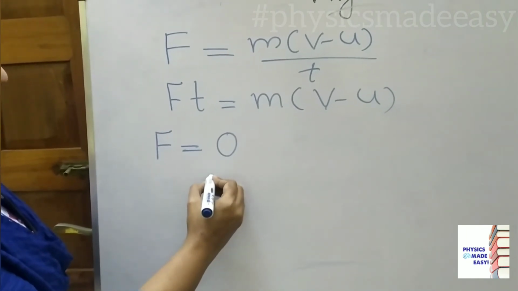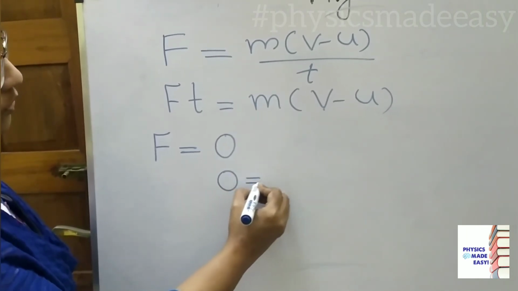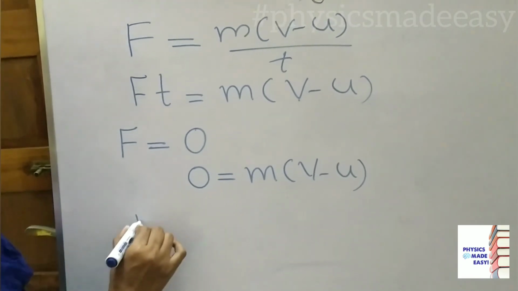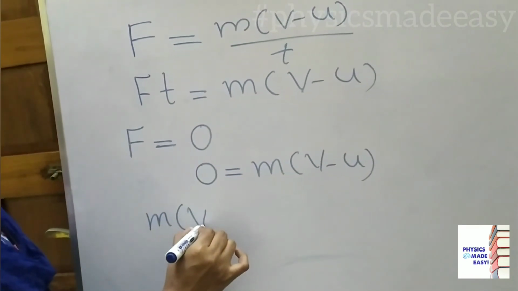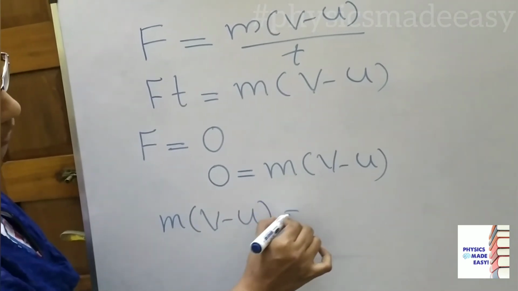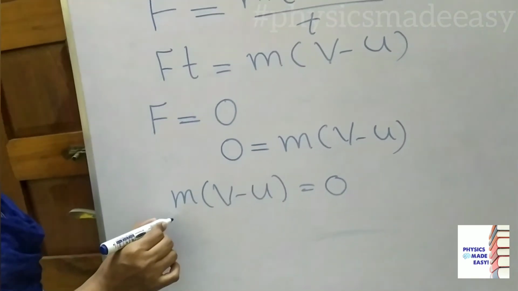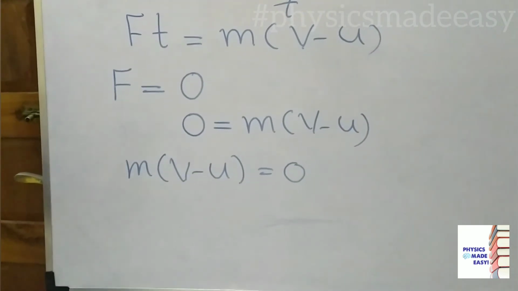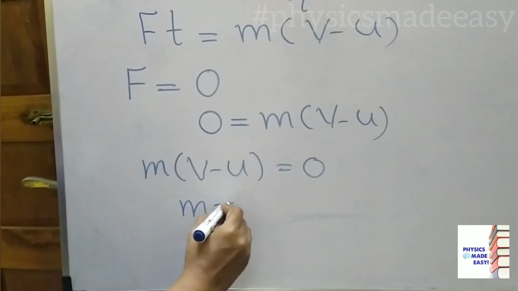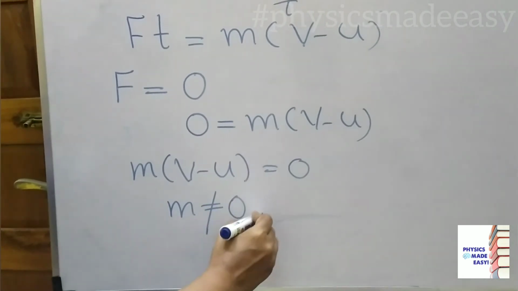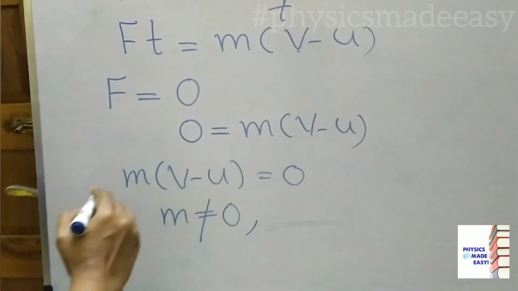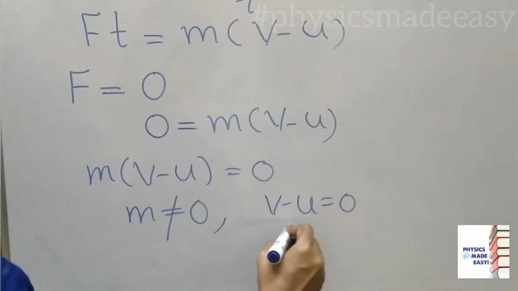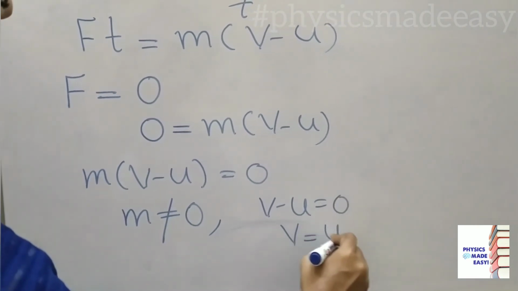That time you can write 0 into t, 0, is equal to m into (v minus u). This you can write as m into (v minus u) equal to 0. This mass, no, mass cannot be 0. So we can write mass is not equal to 0. That means this term should be 0. So v minus u equal to 0. From this we can write v is equal to u.